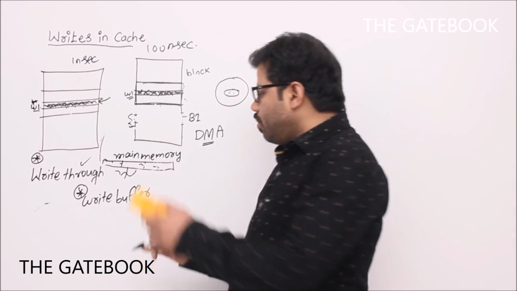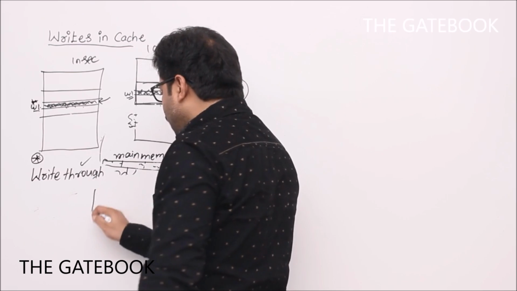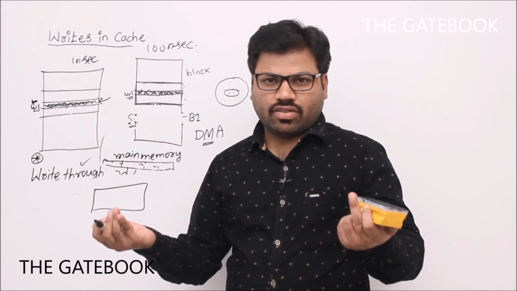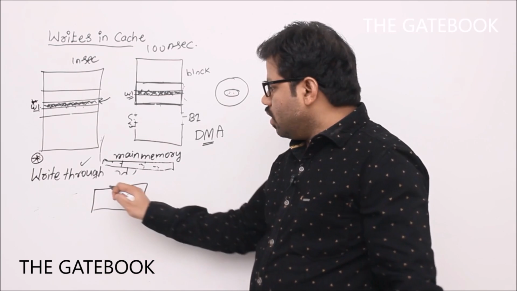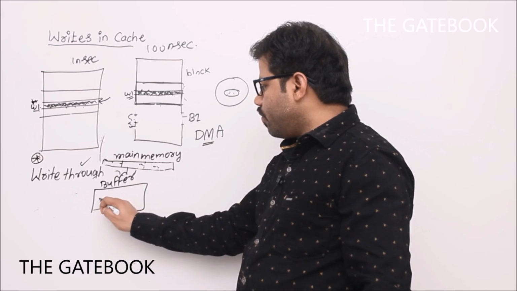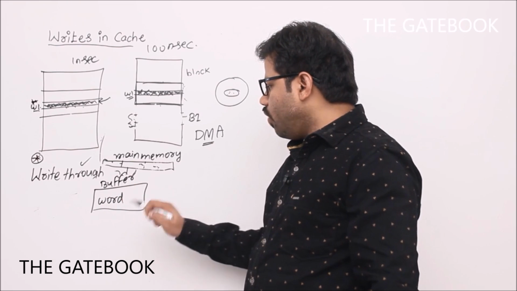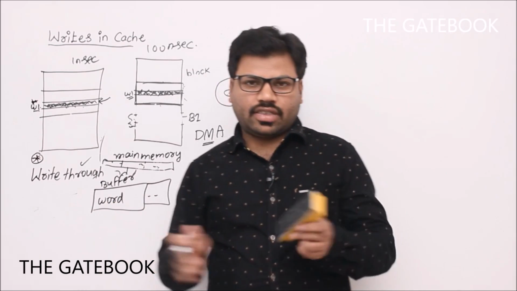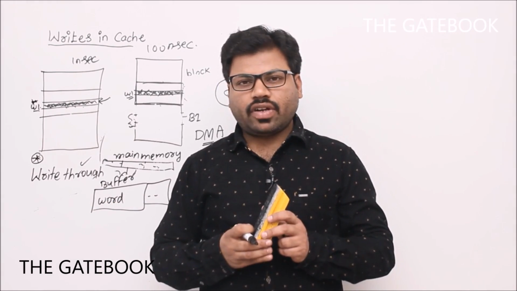Okay, what is a write buffer? This is just simply a buffer, like I can say a set of registers. It stores data. This buffer is going to hold some words, whatever you give, along with the memory addresses. That is enough to understand what this write buffer contains.